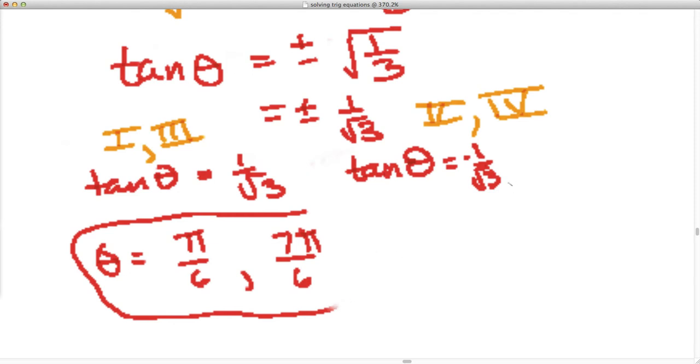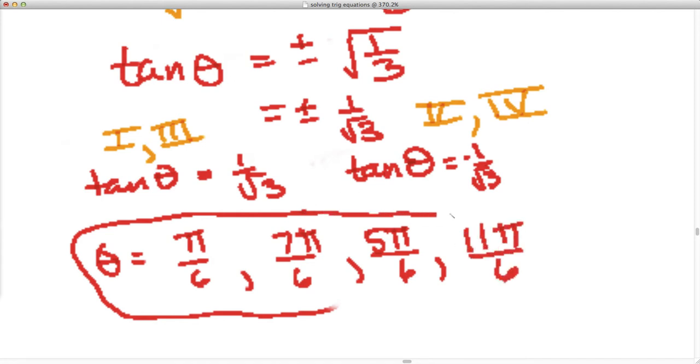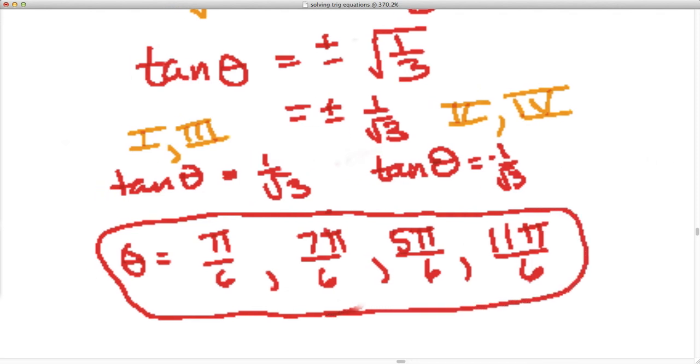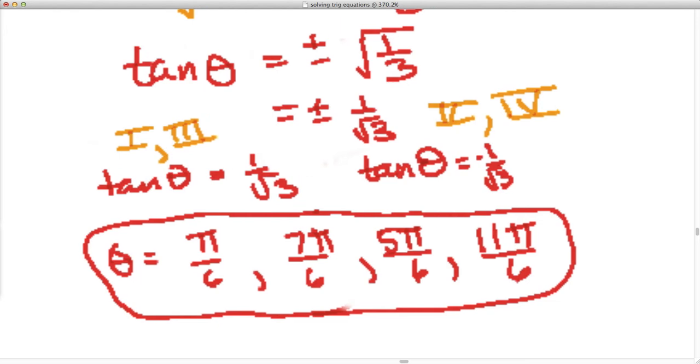And then on this one, theta would be equal to the other two quadrants, so that'd be the second quadrant, which is 1 less than the denominator. And then the fourth quadrant, where tangent's also negative, would be twice the denominator minus 1. And that would be your final answer there. So it's basically looking for 30 degrees in every quadrant.